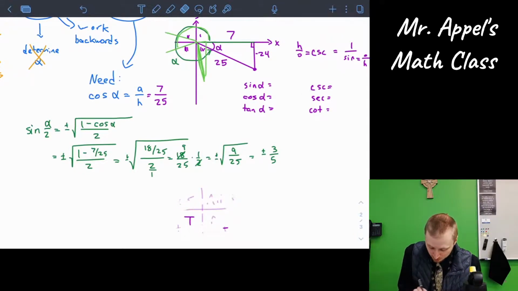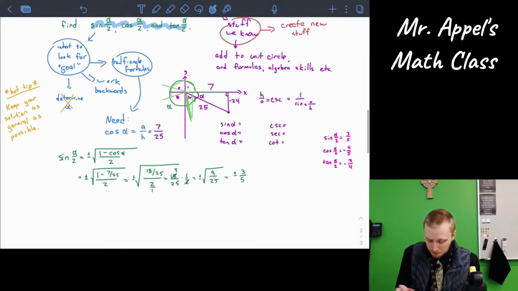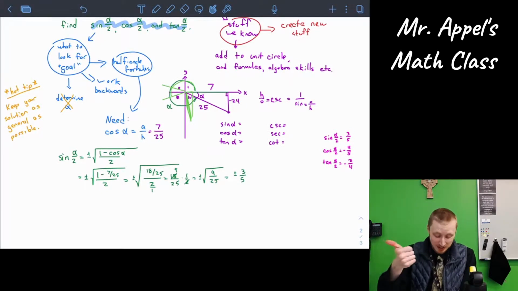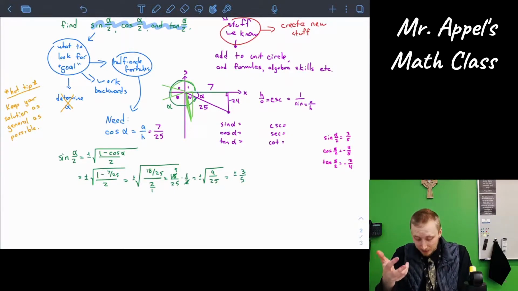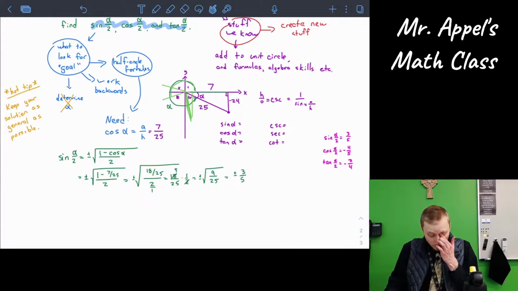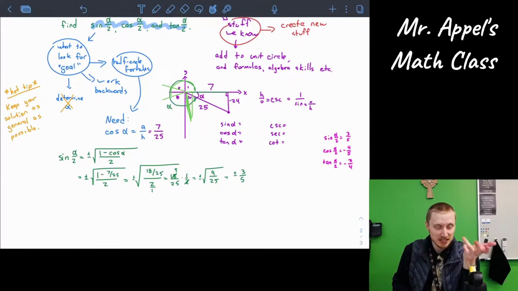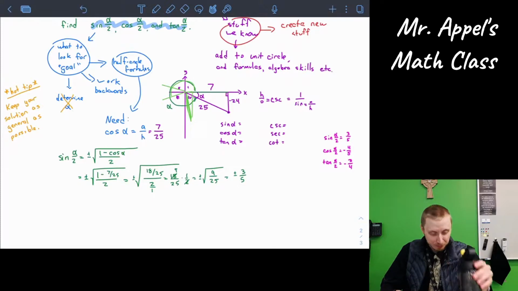So we truly need to figure that one out. Any ideas? I'm going to have to do the same thing for the cosine and the tangent. I need to know where half alpha lands so I can determine its sign. What are we going to do about that? This is the critical part. We can't skip this.